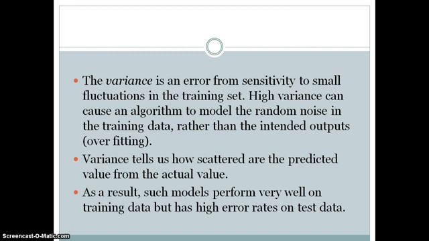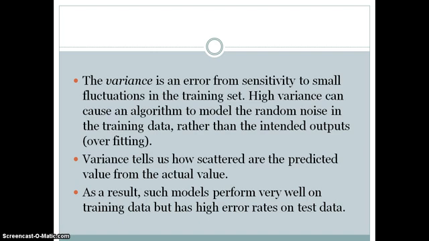Variance tells us how the data is spread or scattered from the actual values, how the predicted values are scattered from the actual data set. As a result, such models perform very well on training data but not on the testing data, so the error rate on testing data is high.